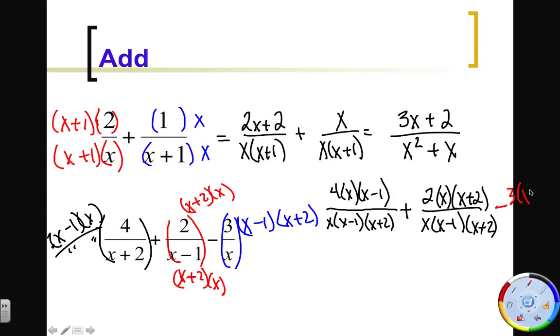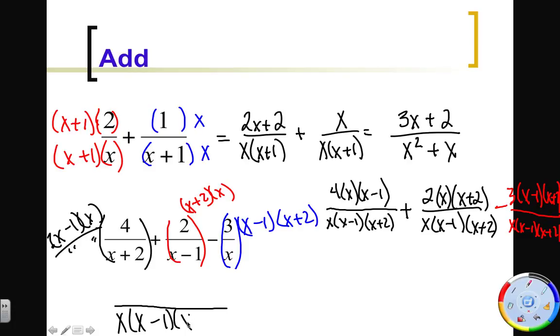So I get 3 times x minus 1, x plus 2. Ooh, bad, ugly. You get my idea, though. Over x, x minus 1, x plus 2. So if I had more room, this would obviously look a lot nicer. But since everything is on the same denominator here, I'm going to put it all over the same denominator. So I get, as a denominator, x times x minus 1 times x plus 2. And I'm in a big, ugly fraction.